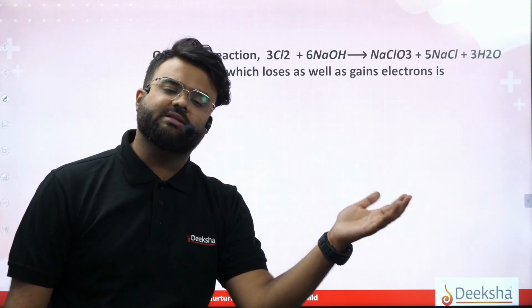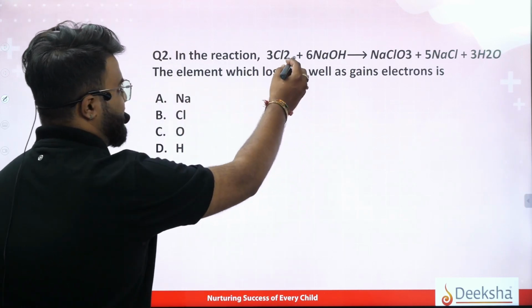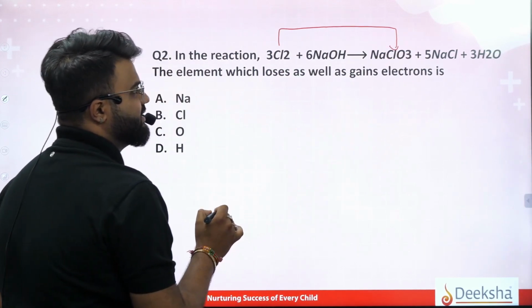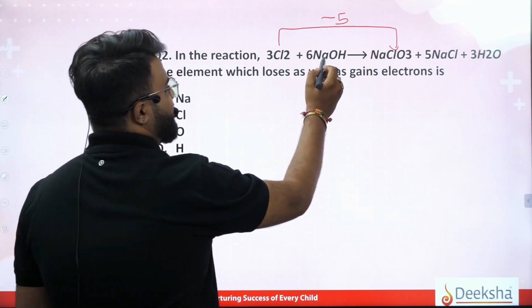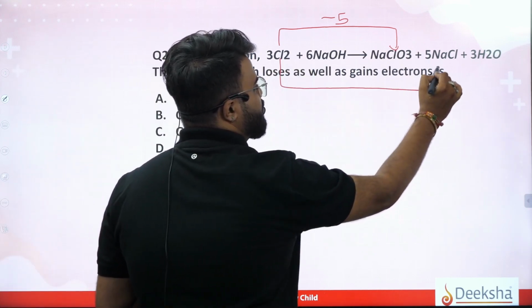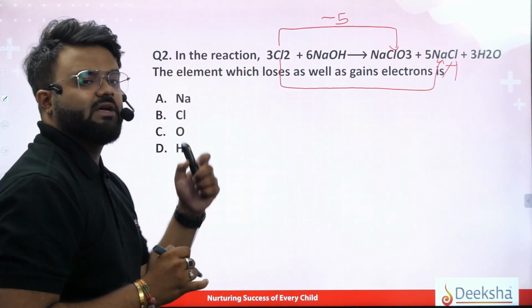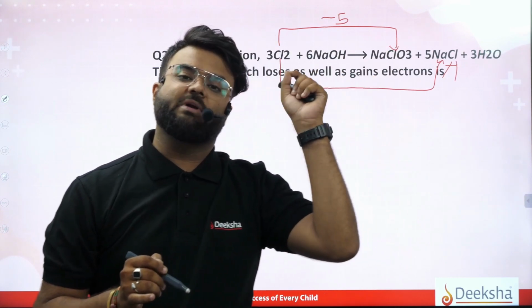ಯಾವ್ದು element lose ಆಗ್ತಿದೆ and ಯಾವ್ದು element gain ಆಗ್ತಿದೆ electron ನೋಡ್ಬೇಕಂದ್ರೆ ಇಲ್ಲಿ ಕ್ಲೋರೈಡ್ ಇದೆ ಅಲ್ಲ, ಕ್ಲೋರೈಡು ಇಲ್ಲಿ ಎಷ್ಟು ಲೂಸ್ ಆಗ್ತಿದೆ? -5. ಮತ್ತೆ ಇಲ್ಲಿ ಕ್ಲೋರೈಡ್ again it is losing with NaCl +1. So here +5 and -5 and +1 ಆಗ್ತಿದೆ.